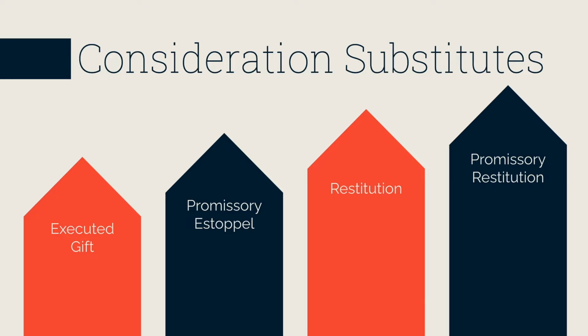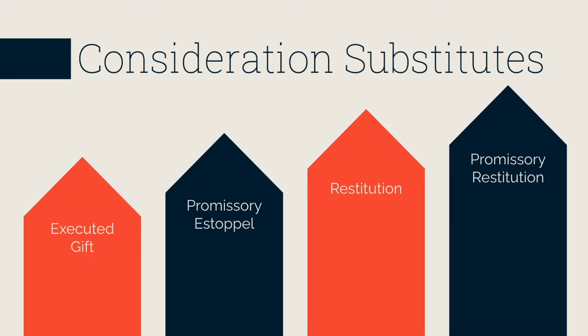McGowan, which is the idea that there's been a definite and substantial benefit bestowed by the promisee on the promisor, and the promisor made this promise in recognition of this substantial and significant benefit that's been bestowed on them. They're recognizing it, and we're now going to ask, does justice require the enforcement of that promise?